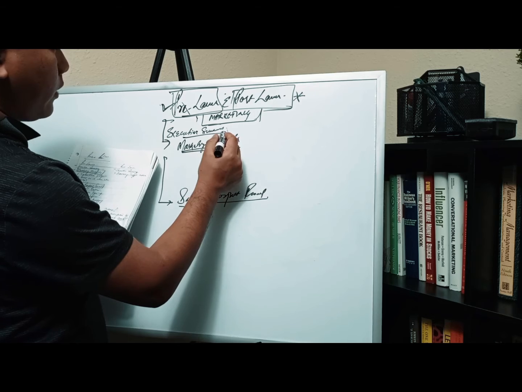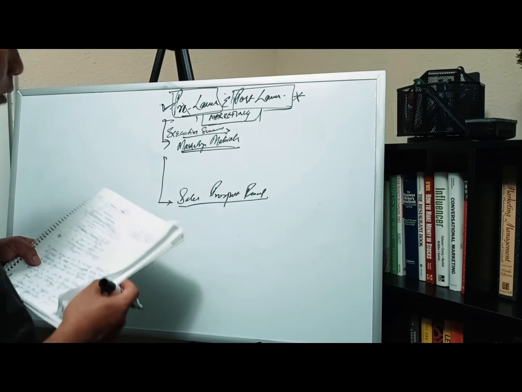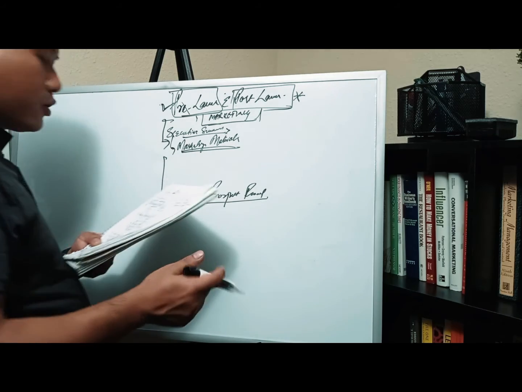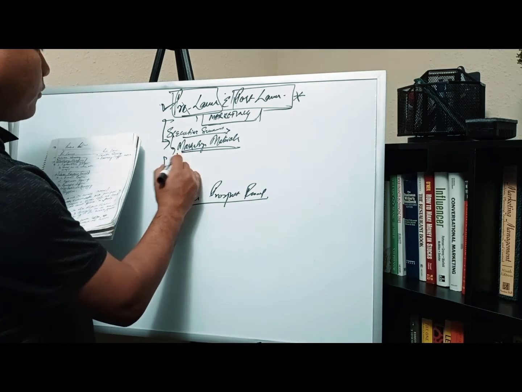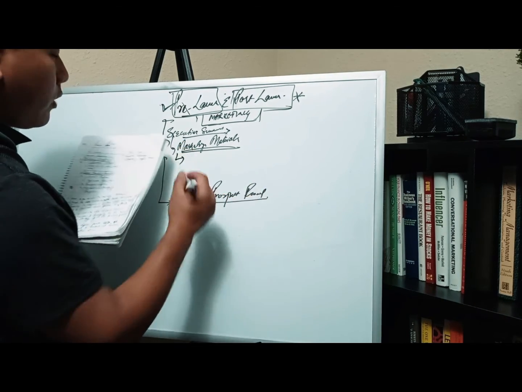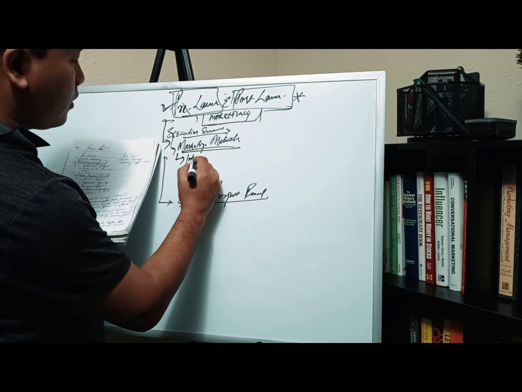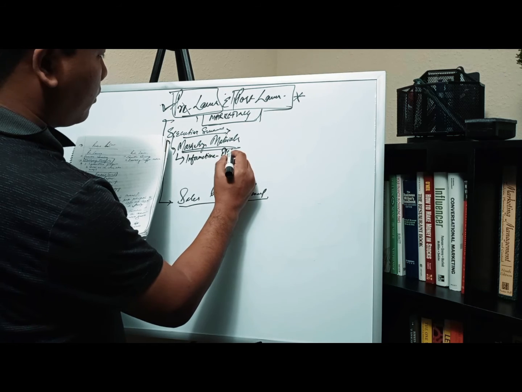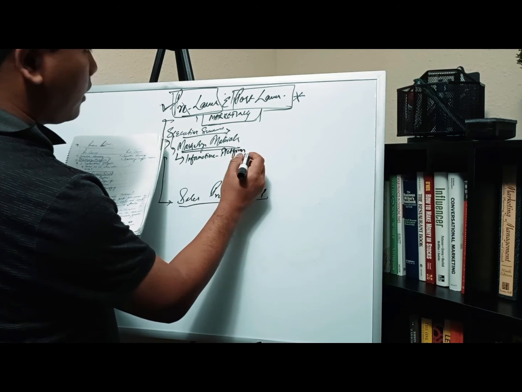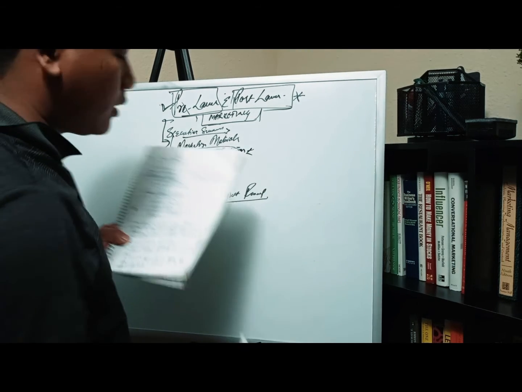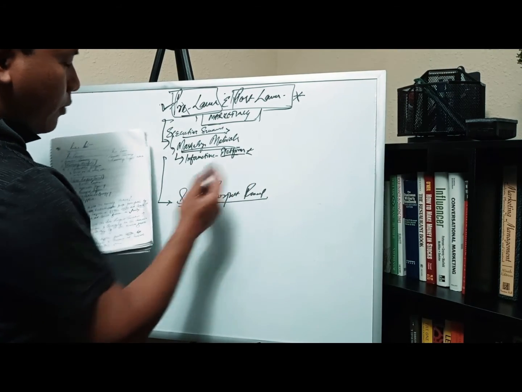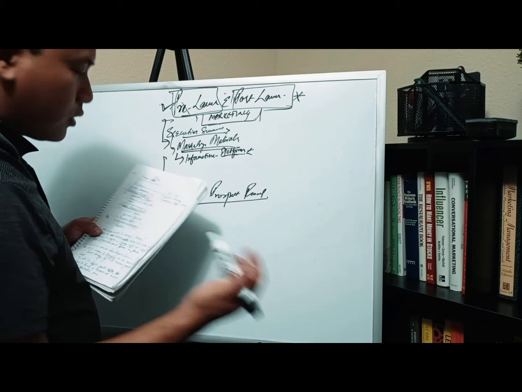So let's create an executive summary for marketing materials, right? In our marketing materials, what are we going to do? We have to create an informative platform. Basically, how will people get information about your business, or our business?